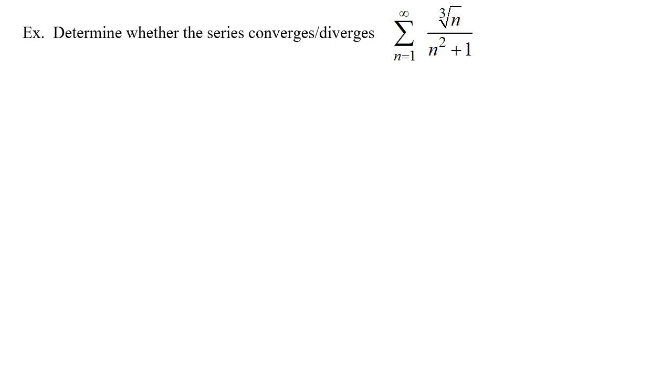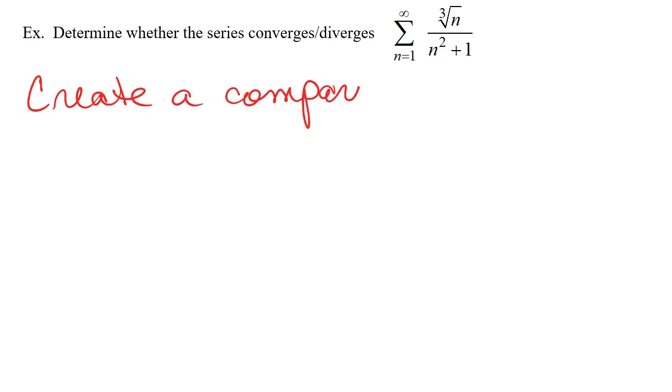And when I say n's with the power, meaning this cube root of n is equal to n to the 1/3 power, and there's n's with a power in the denominator. First thing we need to do is create a comparison series. So that's going to be our b sub n.